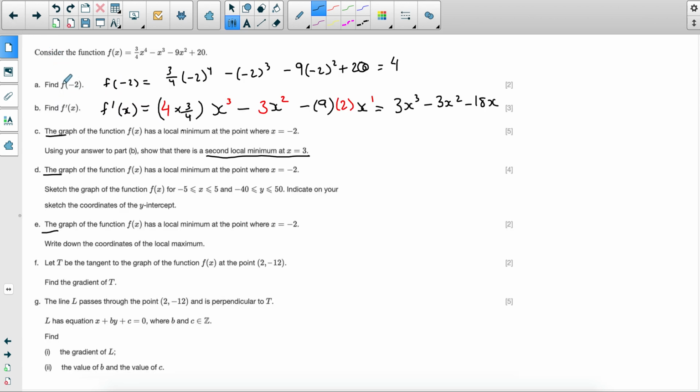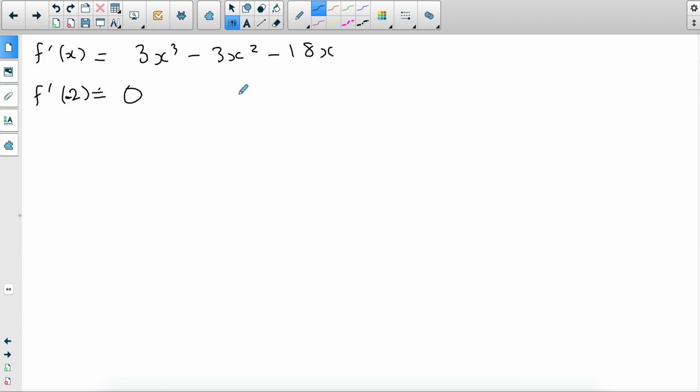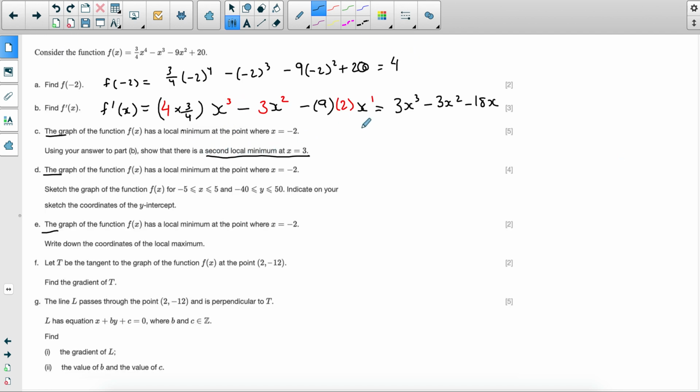Notice that f of -2 is 4, but the derivative at -2 is 0, which gives a local minimum. So we need to show that at x equals 3, the derivative is also 0. Okay, so we need to show this. And it's actually 2 things we need to show. One, we need to show that it's a stationary point.